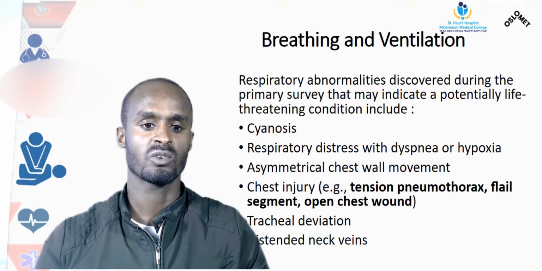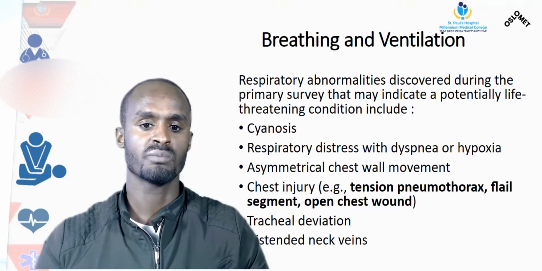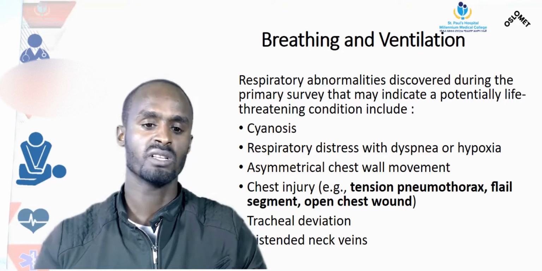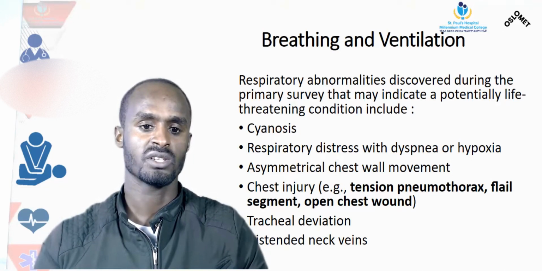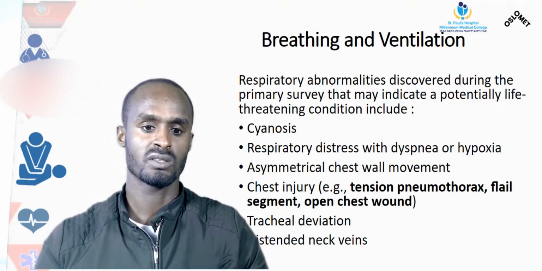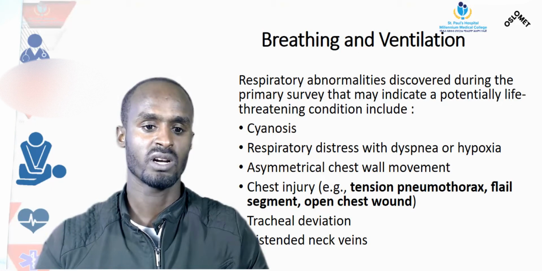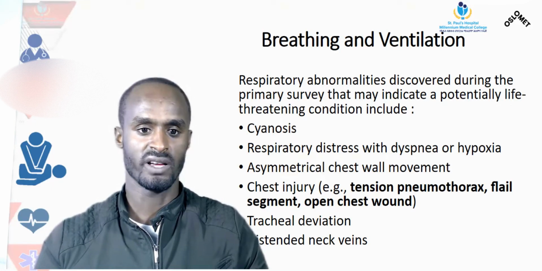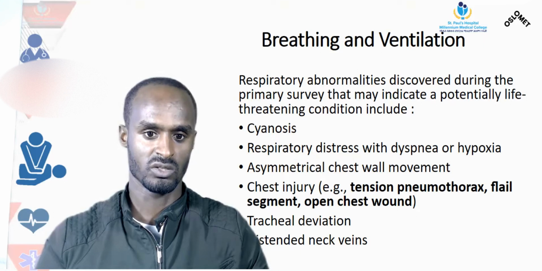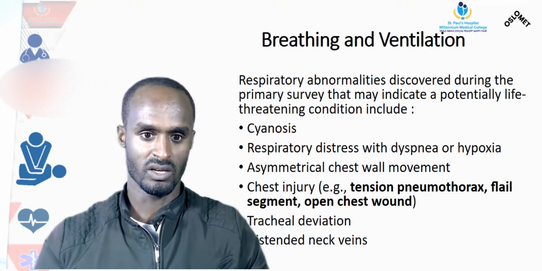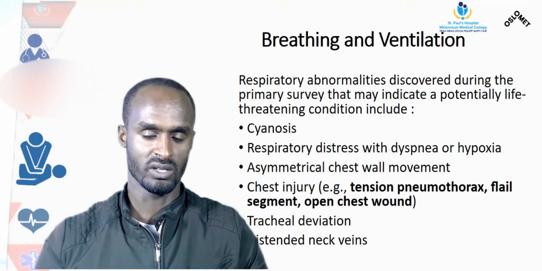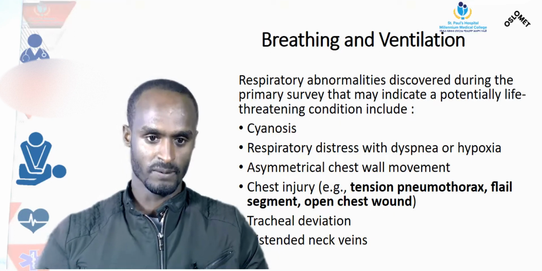We have to assess for respiratory distress with dyspnea or hypoxia. We have to assess for asymmetrical chest movement, which indicates flail chest. We have to assess the chest injury for tension pneumothorax, flail segment, and open chest wound, which are the actual life-threatening conditions during the primary survey.